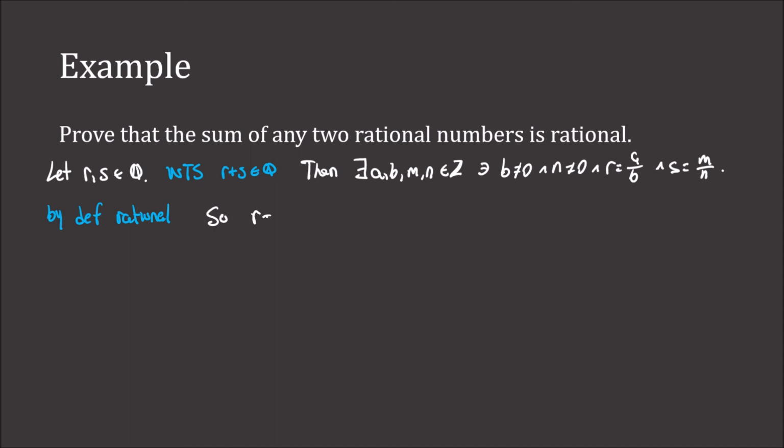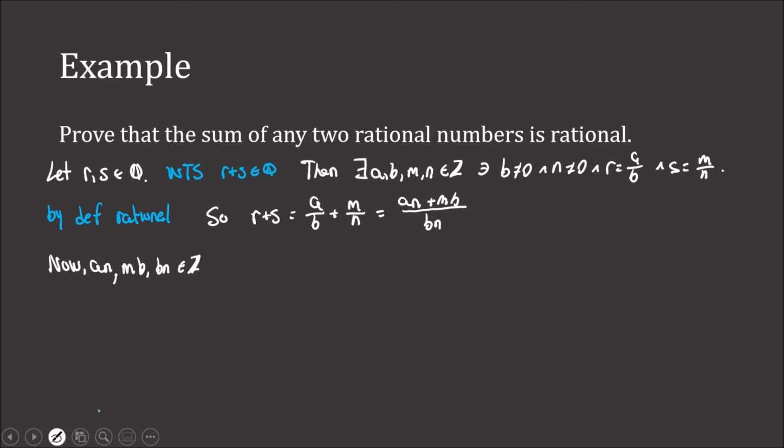So if we look at R plus S, it is a over b plus m over n. And remember, when you add fractions, you need a common denominator. So our common denominator here is b times n. So the numerator would be an plus mb. Now, an, mb, and bn are all integers, because it's the product of integers.